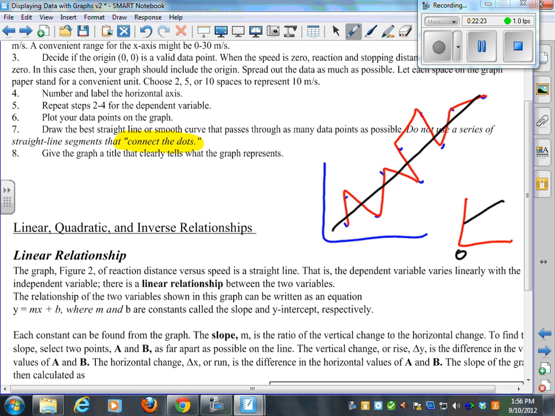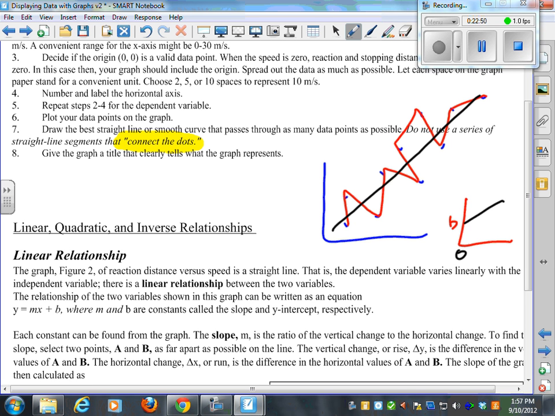If that's 0, then this point right here is called the y-intercept. What's the x value at the y-intercept? It's surprisingly easy. The value of the x coordinate.